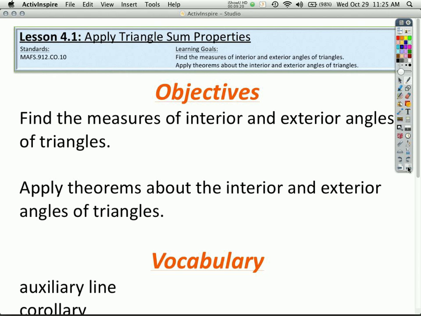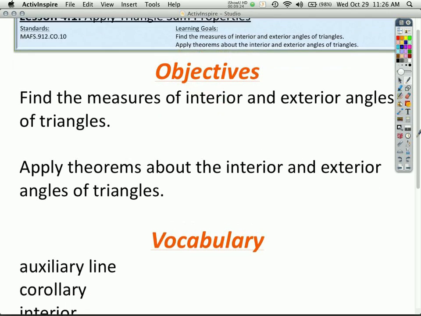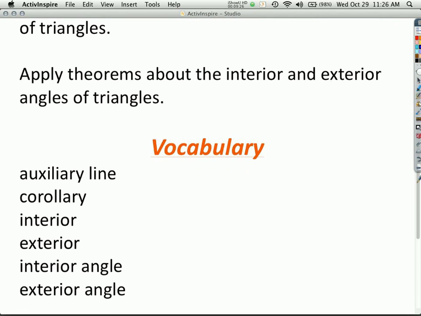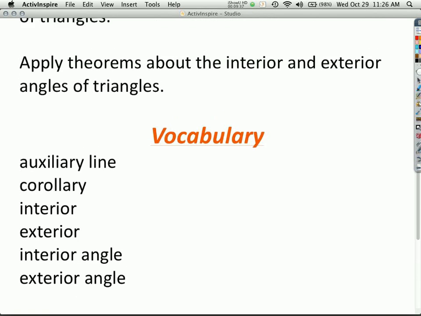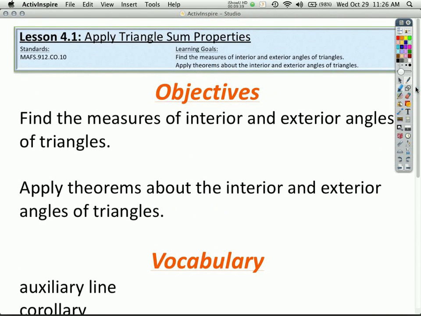But you have to know these things. So, some vocabulary that you will be introduced to today as well. The idea of an auxiliary line, a corollary, interior and exterior, an interior angle and exterior angle. All of these terms will be utilized today. Are there any questions so far?